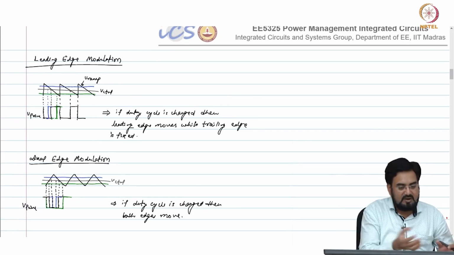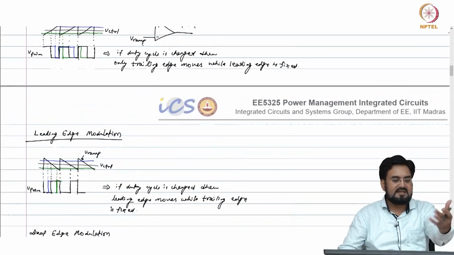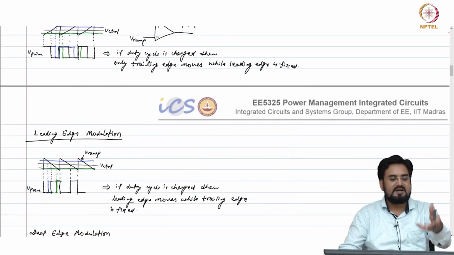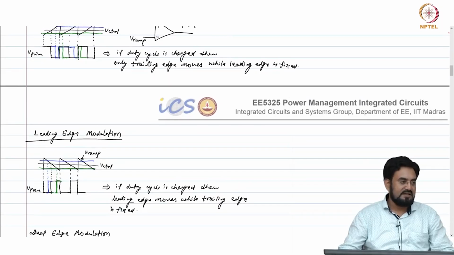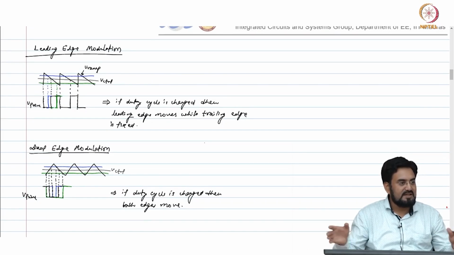How you model this will come later when we look at the small signal. In the previous case, your delay could be as high as 1 clock cycle; here the delay will be less. But there is a drawback when you change both the edges.